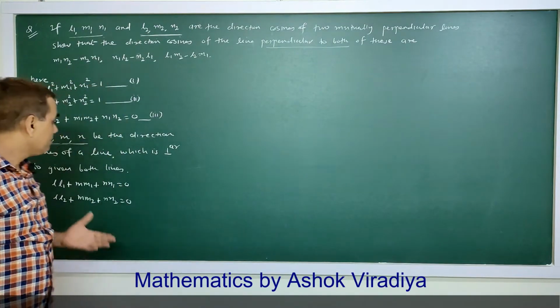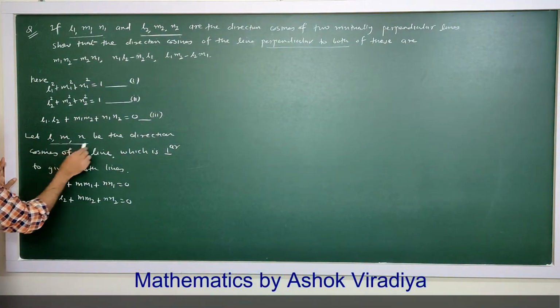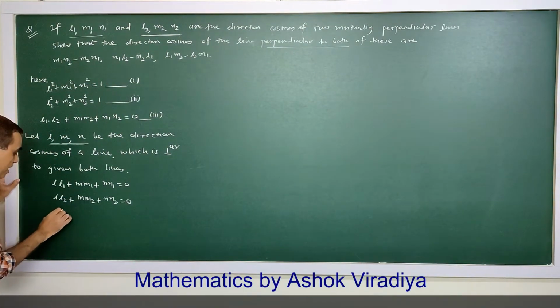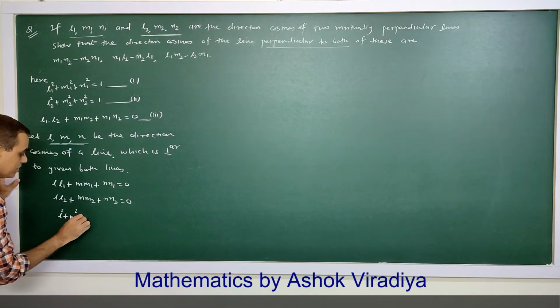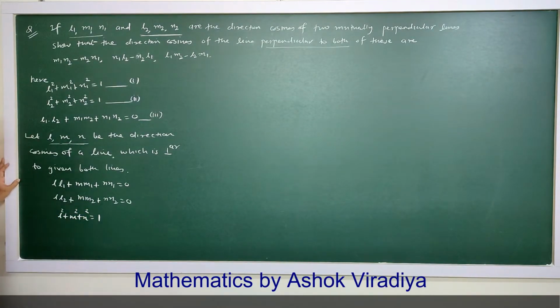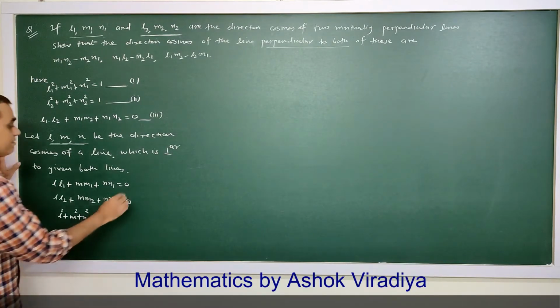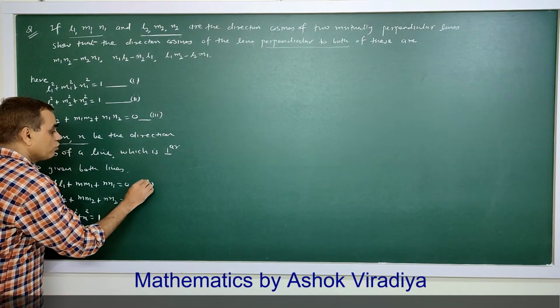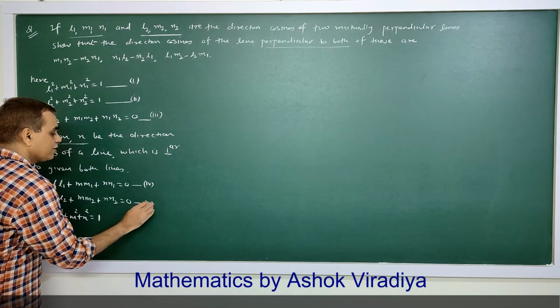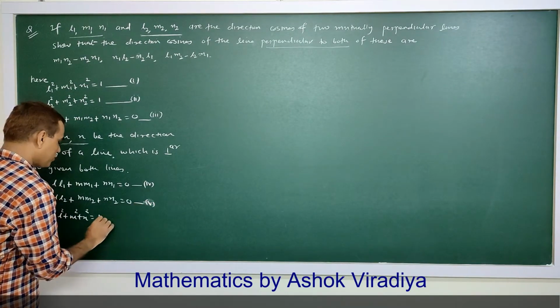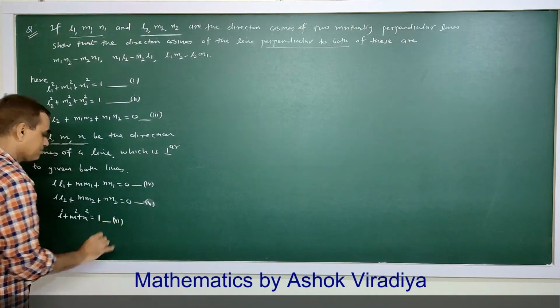And also because these are direction cosines, the sum of squares of these numbers is obviously 1, as in equations 1 and 2. So here we have equation 4, equation 5 and equation number 6.